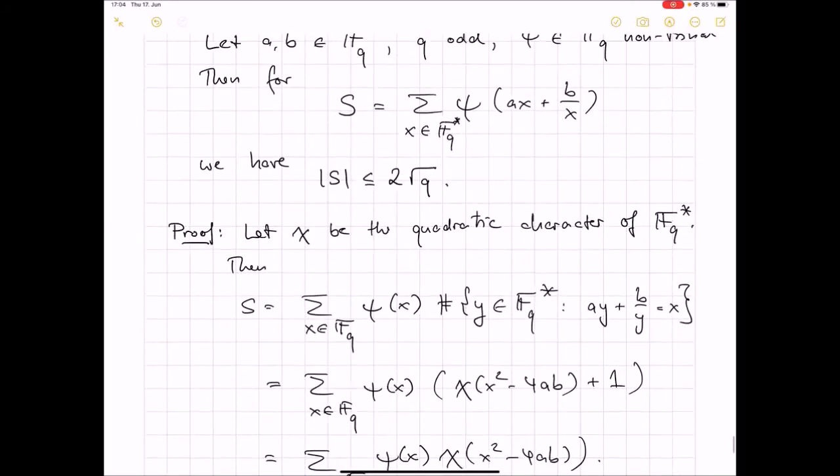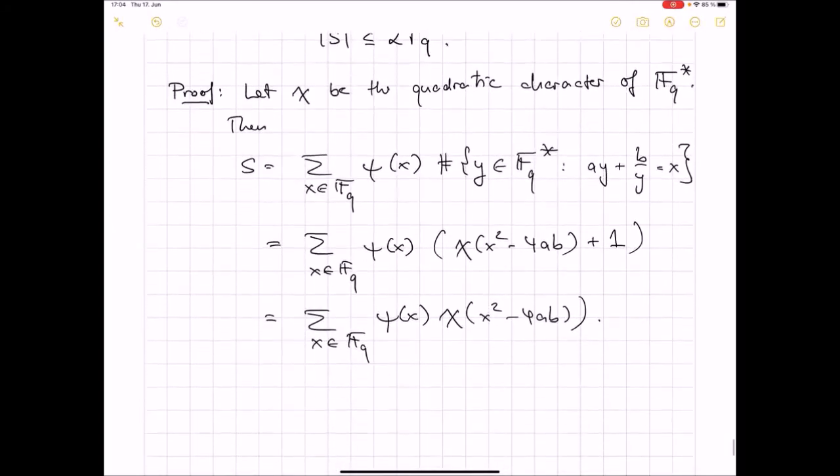I traded the rational function for polynomials, but the price I have to pay is that now it's a mixed character sum. But the nice thing is that the polynomials are very simple. We have g of x equals x, and f of x equals x squared minus 4ab. In particular, g of x is linear, and solving a linear equation is something that we learn in kindergarten. So that's not so terribly difficult.